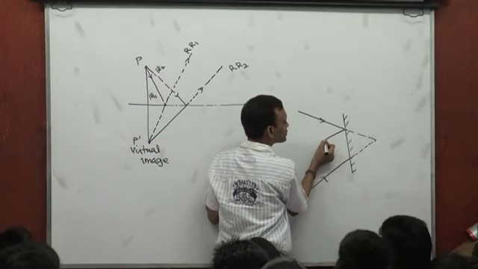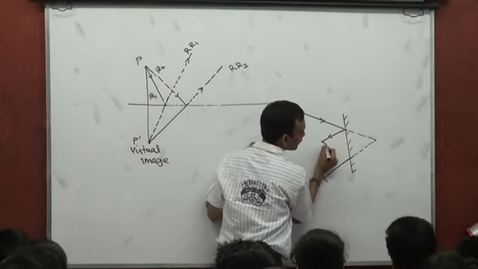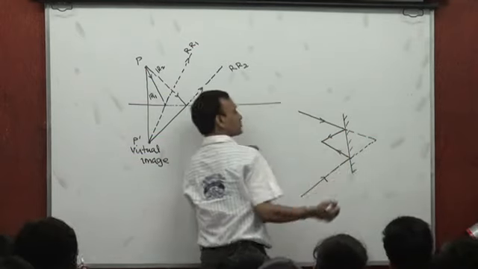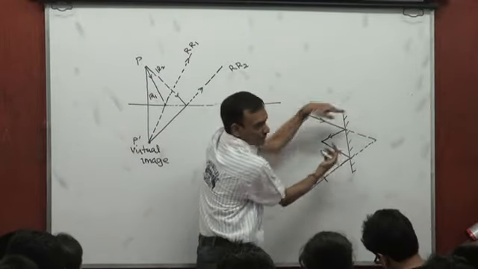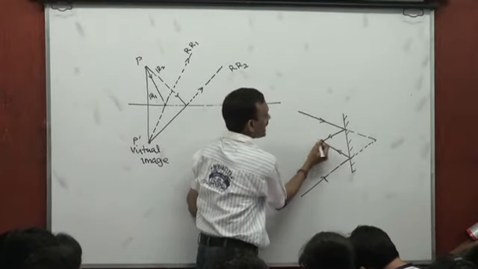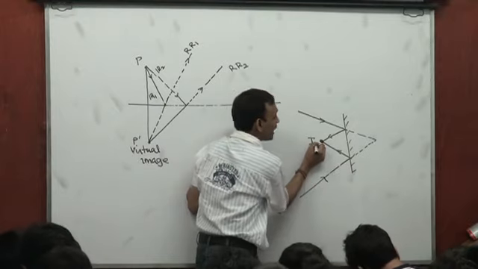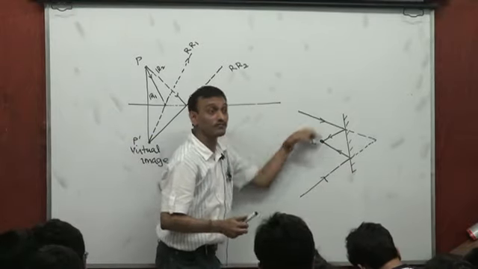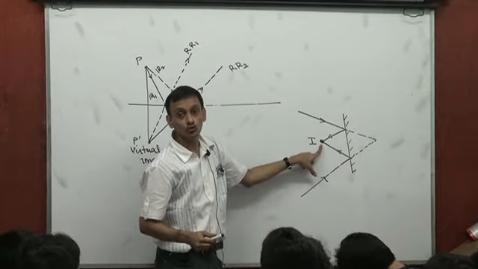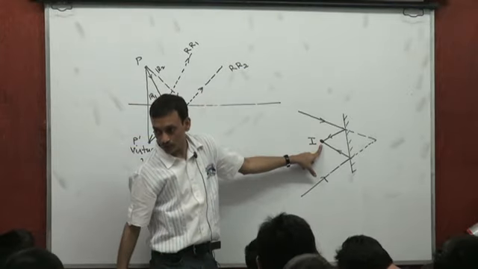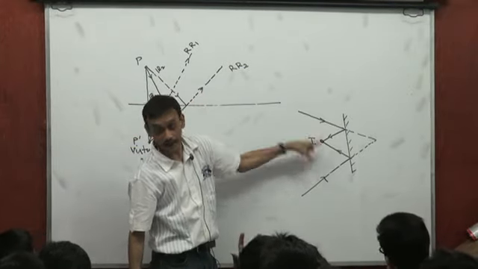Then after reflection, this is what happens, right? This converging beam after reflection settles at some point, which is the image, right? After reflection, these two rays, the converging beam, would settle at I.